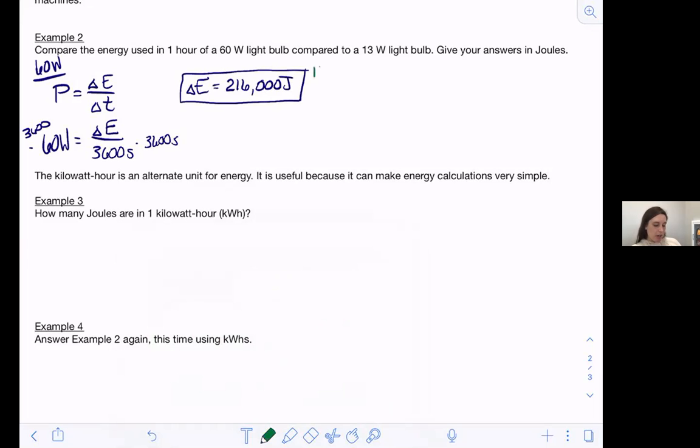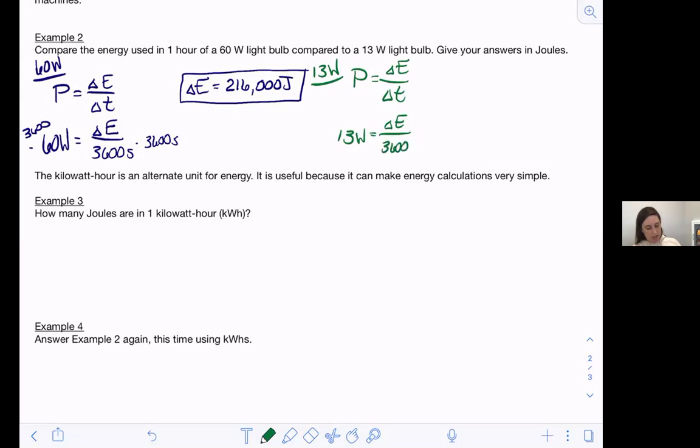Now let's compare that to a 13-watt light bulb. Okay, we're going to use the same equation. We're going to use power is equal to change in energy divided by time. In this case, our power is 13 watts. We're going to find that change in energy. Time is the same, right?